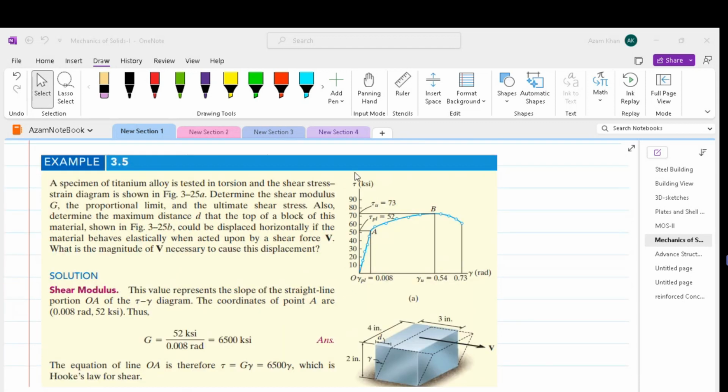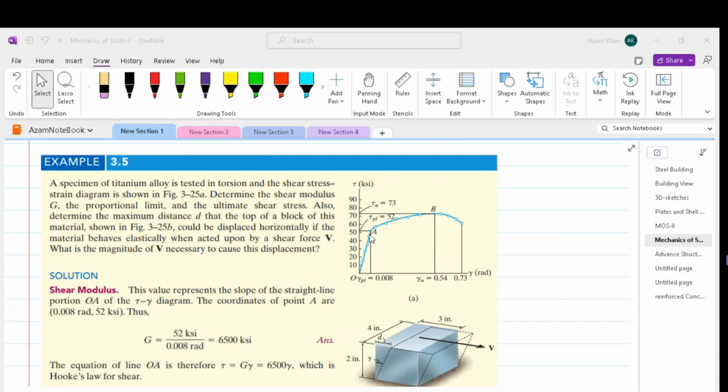So we are given the stress-strain diagram for this block and we are asked to determine the distance D that this block will deform by. We are also asked to find out how much shear force V is sufficient to cause this distance D so that we remain within the elastic region.